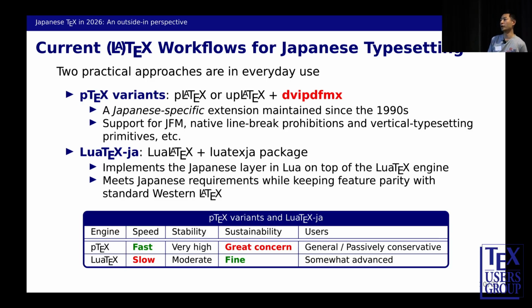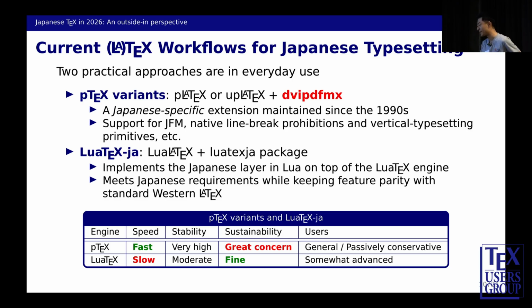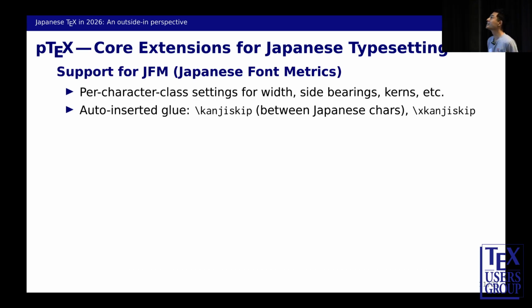But we also still have some problems with speed, because this LuaTeX-ja implementation heavily relies on Lua. So if you compile hundreds of pages of huge documents, the difference in compile time can be substantial. So that's partially the reason why people are still using pTeX in 2026.